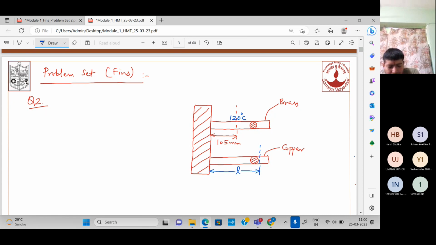At what distance the same temperature would be reached in the copper rod? That we have to determine. So we have assumed that this L is the distance at which the same temperature would be reached in the copper rod, and we have to determine this length. Now, fine. So we have taken this as case 1.